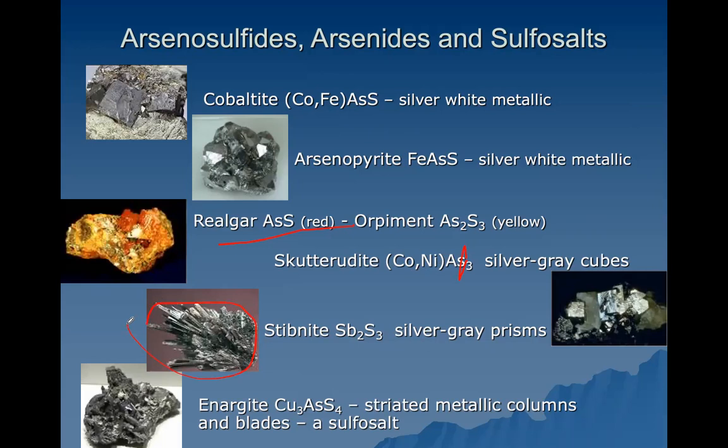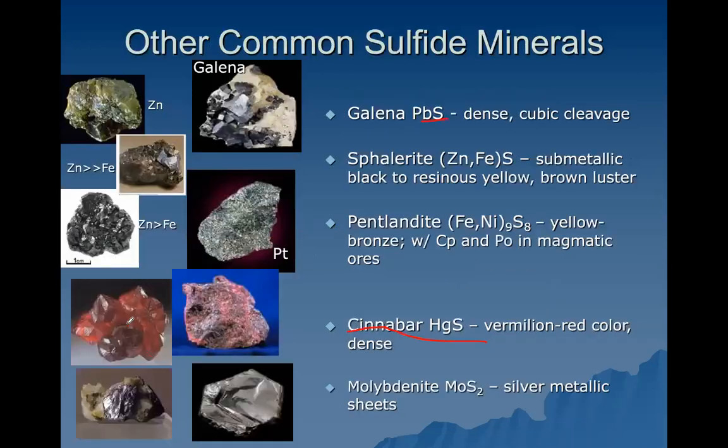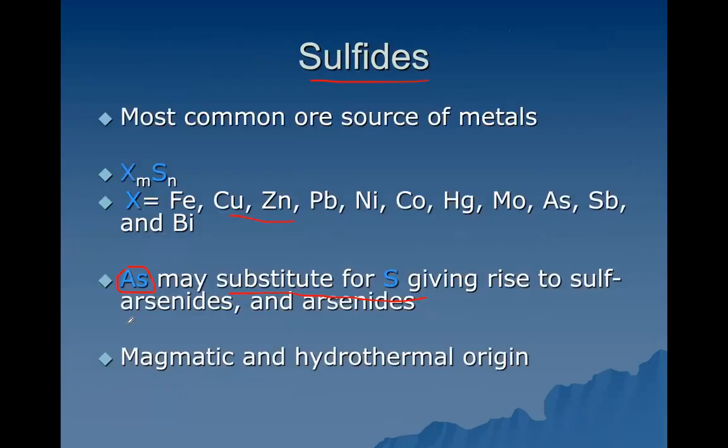And then sometimes you might see silver or gray prisms. And one other rare sulfide is where you can use them for extraction of some of these metals as well, right? Because they are associated with them.